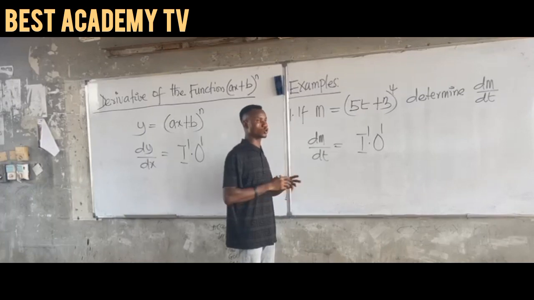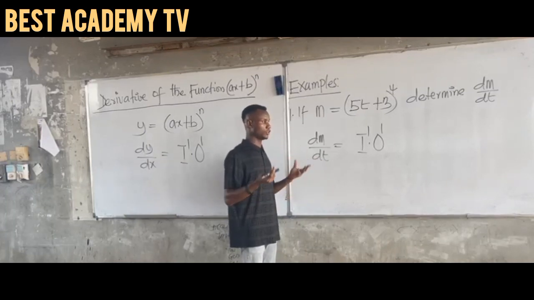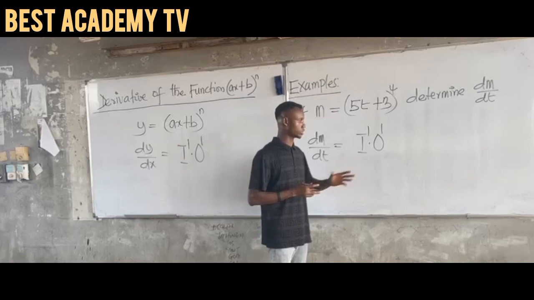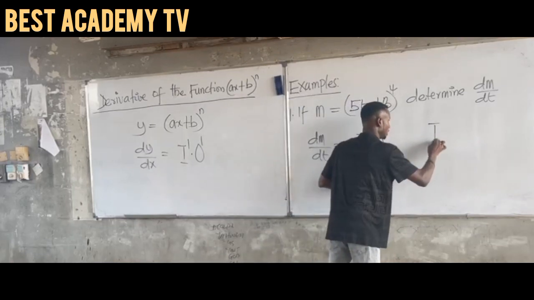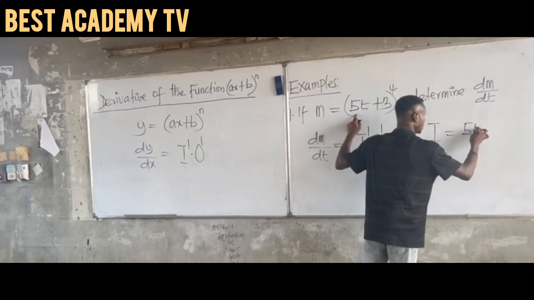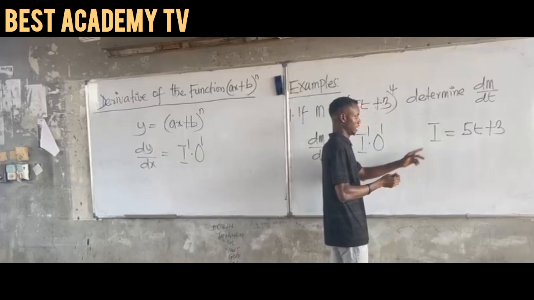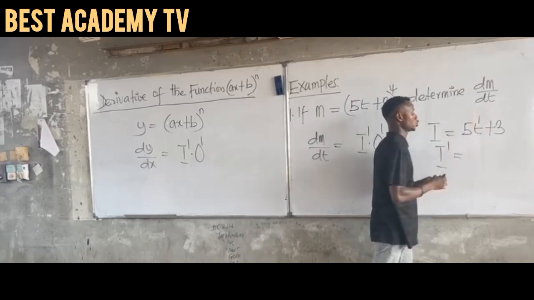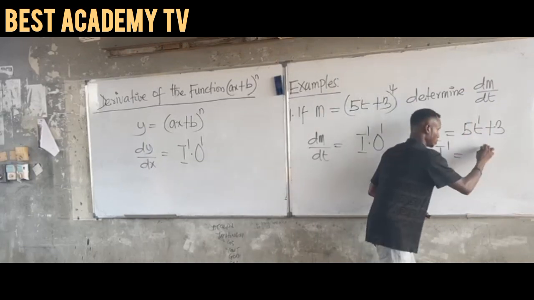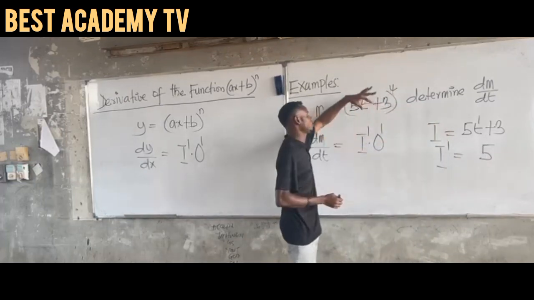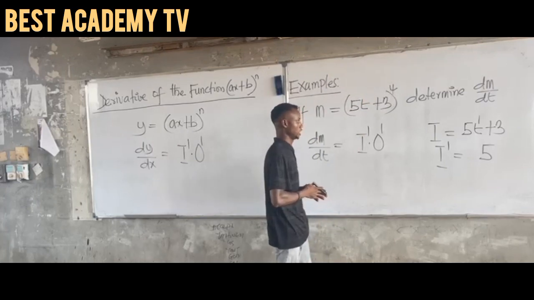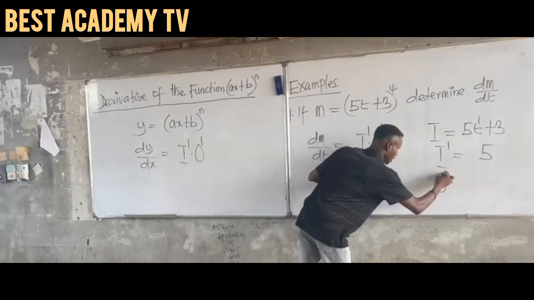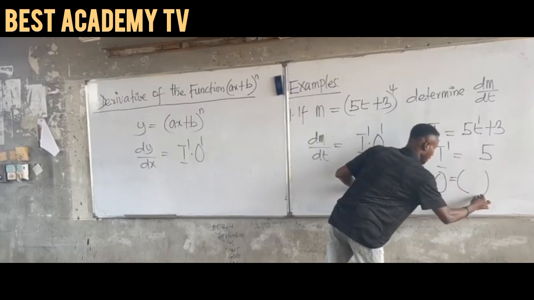Identify the inner: it is 5t + 3. Differentiating this gives the inner derivative, which is 5, since there is an invisible 1 as the power. Taking 5t + 3 out, the outer is the bracket raised to the power 5.